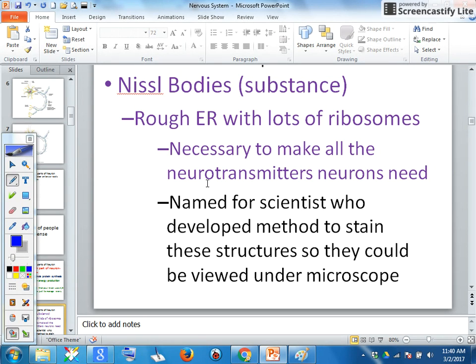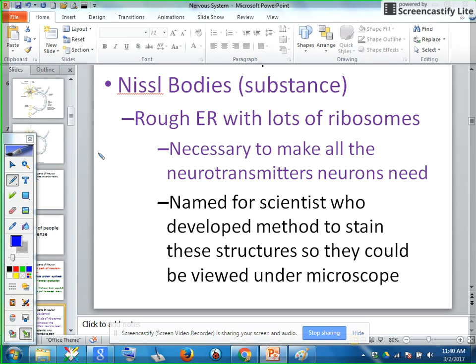Well, why do nerves need protein synthesis? Nerves have to make protein, specifically neurotransmitters. Those neurotransmitters, do you recall when we did muscle, we had acetylcholine. Acetylcholine was one of the neurotransmitters. Maybe you've heard of serotonin, which is a mood stabilizer.